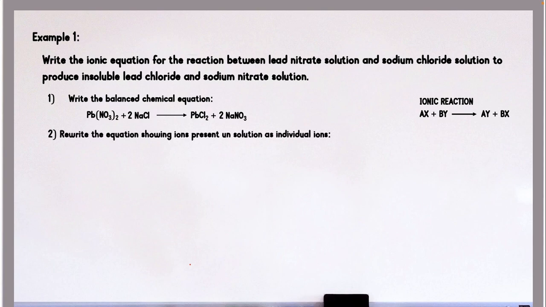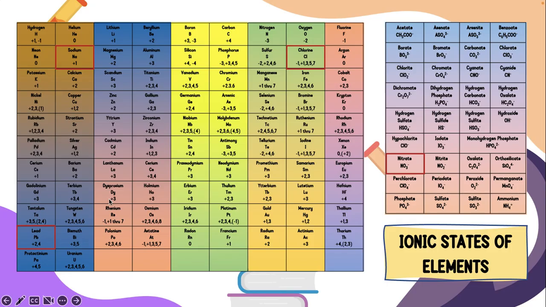The second step is to rewrite the equation showing the ions present in solution as individual ions, which means we're going to take lead, find its respective ion, nitrate, find its ion, sodium, find its ion, and so forth. So we want to know what the ion of lead is.